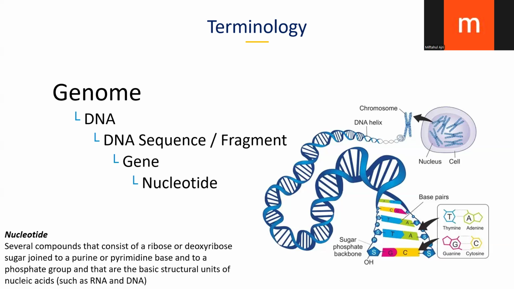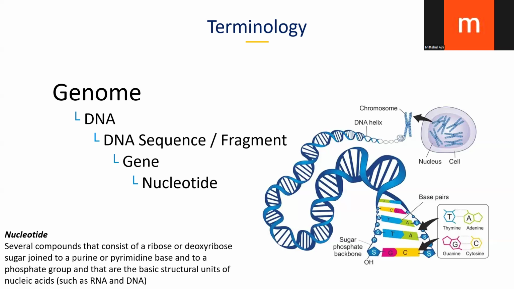Okay, and nucleotides. Nucleotides are compounds that consist of ribose or deoxyribose sugar joined to a purine or pyrimidine base and to a phosphate group, and they are the basic structural units of nucleic acid. So the basic one is the nucleotide.